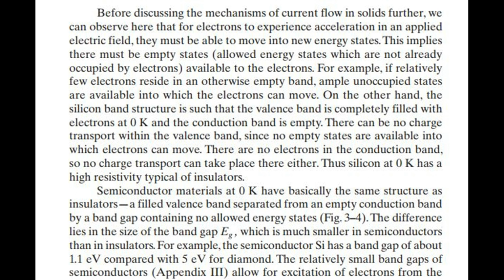On the other hand, the silicon band structure is such that the valence band is completely filled with electrons at 0K and the conduction band is empty. There can be no charge transport within the valence band, since no empty states are available into which electrons can move. There are no electrons in the conduction band, so no charge transport can take place there either. Thus silicon at 0K has a high resistivity typical of insulators.